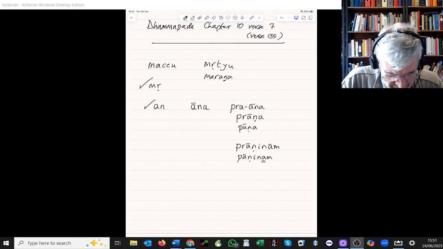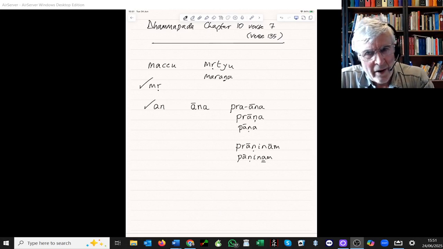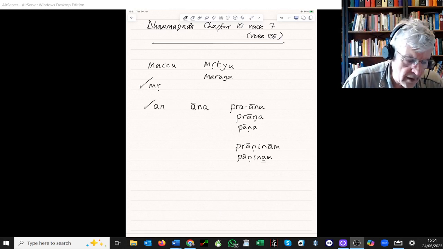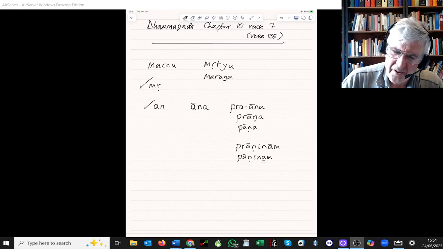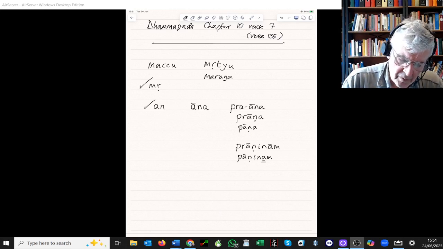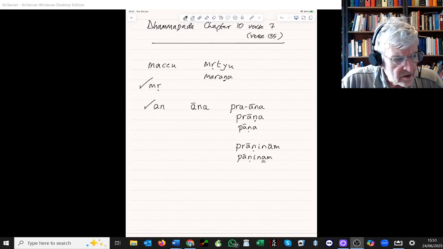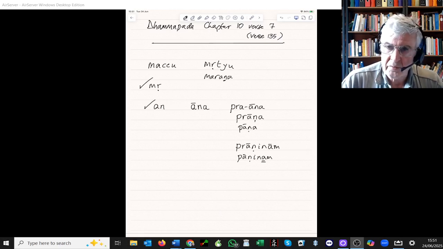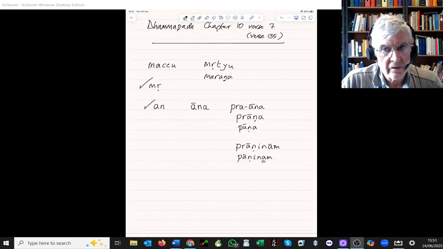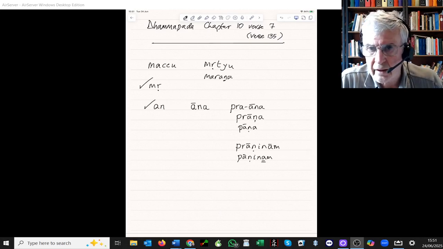There are a couple of very small exceptions when a vowel follows, but it is rare, and even that's in the later, more Sanskritized form of poetry. But take it as a general rule, it's praninam in Sanskrit, paninam in Pali. So paninam then means of those with prana, of the pranins, of living beings.